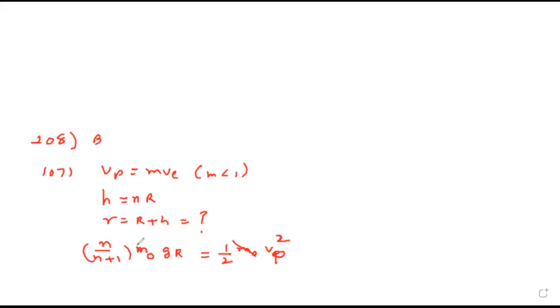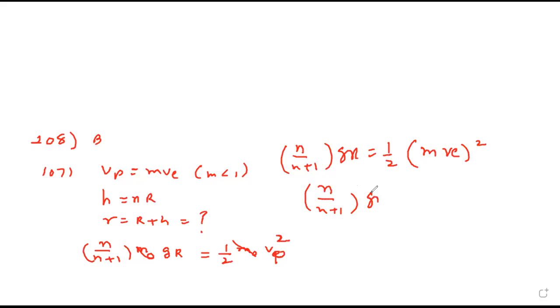So m naught we can cancel. n upon n plus 1 gR is half of velocity of projection m times velocity of escape squared. So it will become n upon n plus 1 gR is half of m squared 2 times GM by R. GM by R is the same as gR.